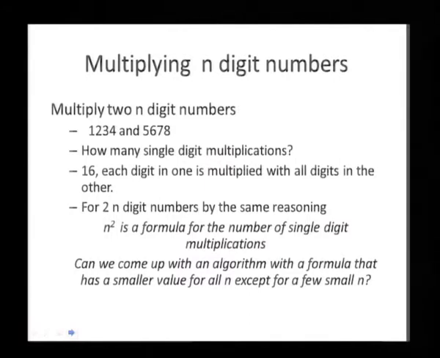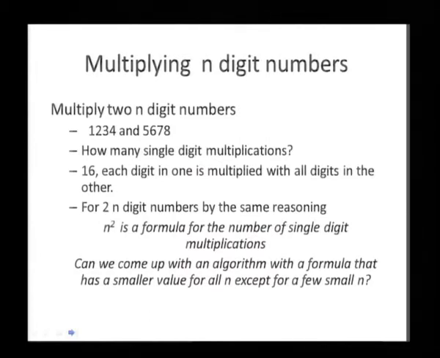Here is the exercise. We have to write a program to multiply 2 n digit numbers, and here we deviate slightly from the model we have been looking at so far, where we assumed that any two positive integers can be multiplied in unit time.